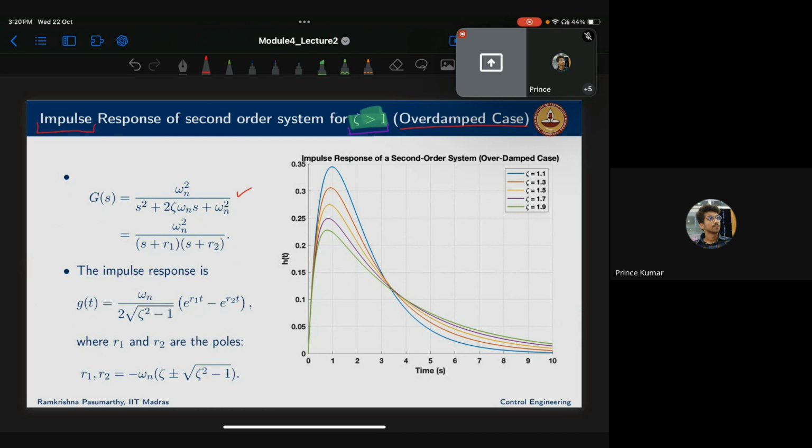Again, consider the transfer function and divide it into two roots r1 and r2, where r1 and r2 are the roots or poles, and find the inverse Laplace. As you keep increasing zeta to 1.2, 1.3, 1.5, 1.7, 1.9, this is how the response goes for the overdamped case. The oscillations get reduced very fast.